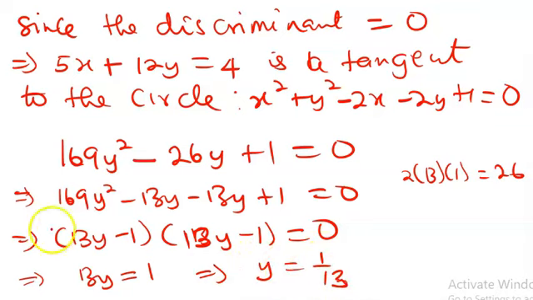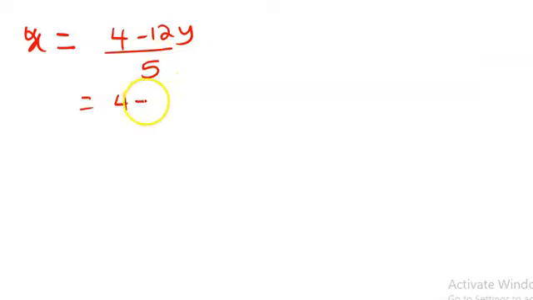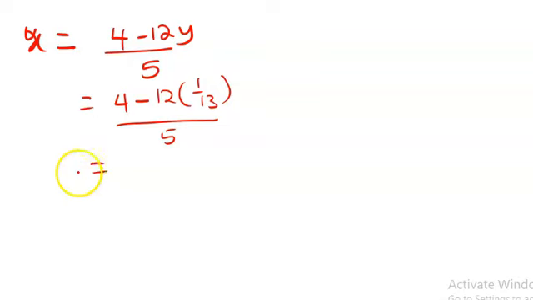That is not all. We said that x is equal to (4 minus 12y) over 5. So this is equal to (4 minus 12 times 1 over 13) over 5. And when we simplify, we are getting x to be 8 over 13.